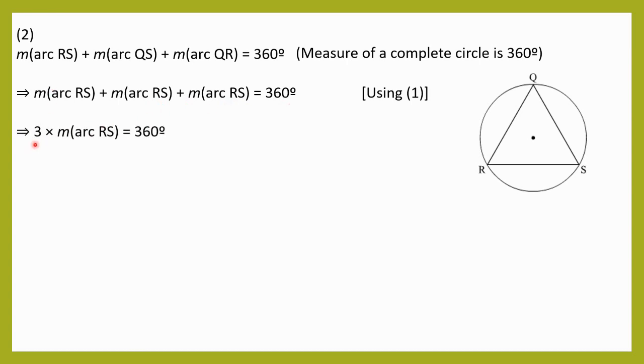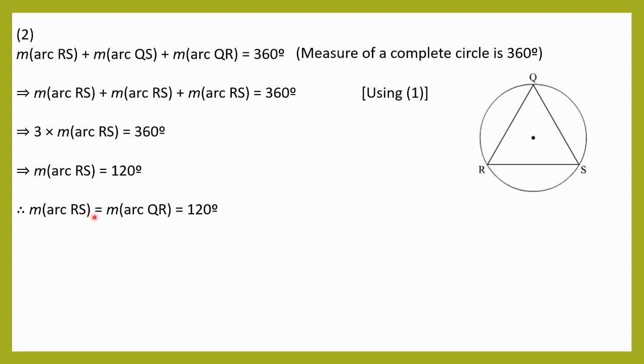Adding this, we get 3 times measure arc RS is equal to 360 degrees. We take the 3 to the other side, so it gets divided. So we get 360 divided by 3, that is 120 degrees. Therefore, measure arc RS is equal to 120 degrees.